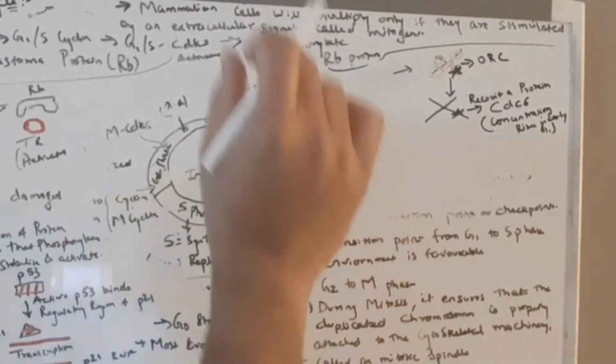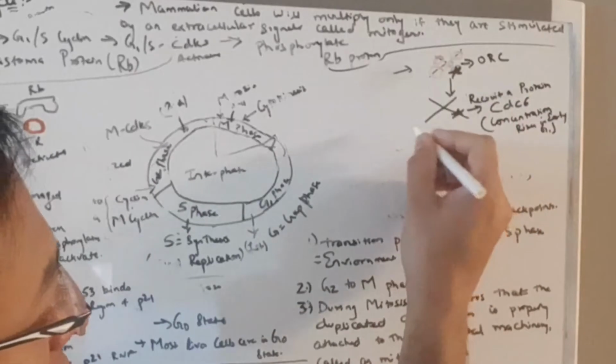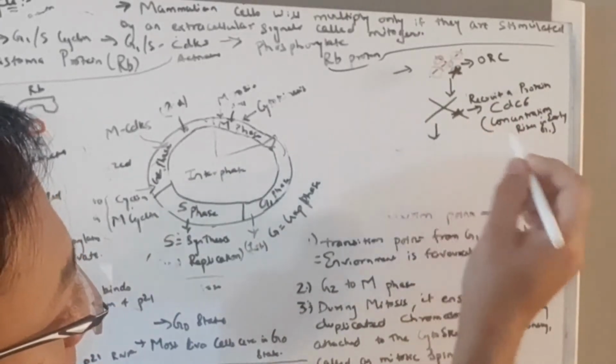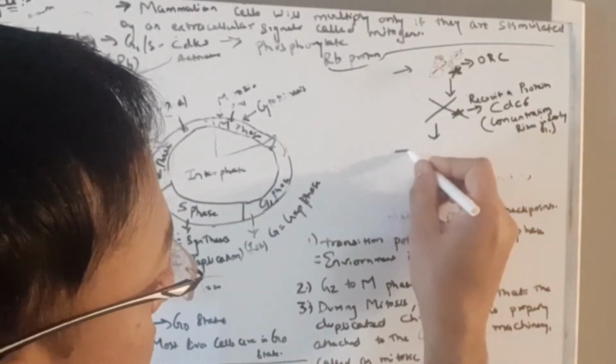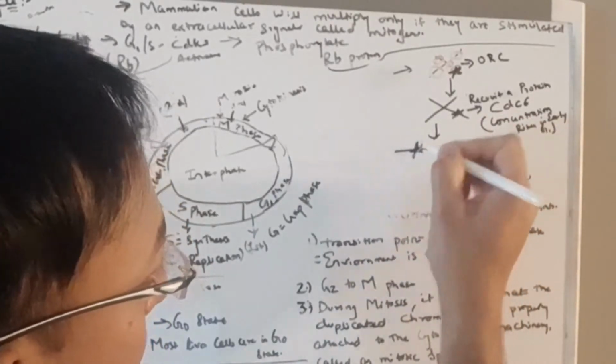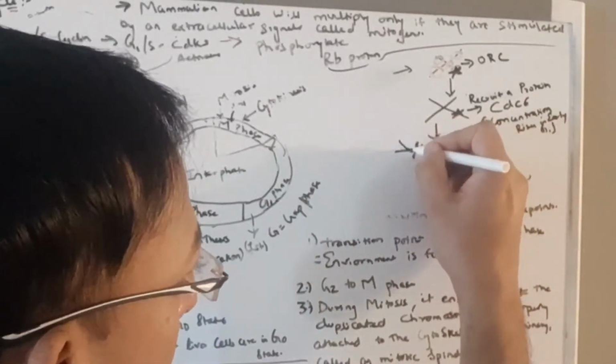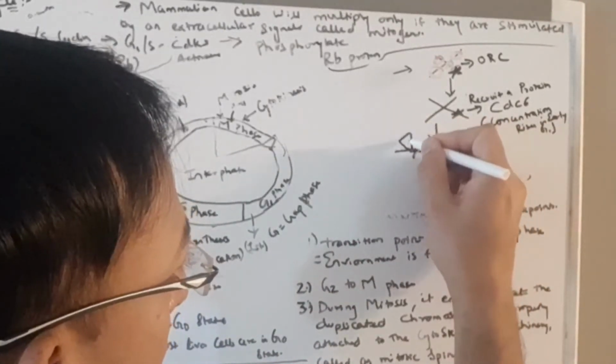Together, this CDC6 and the ORC, I will just draw a simple shape: for example this is our ORC, and this recruits CDC6, maybe like this shape.